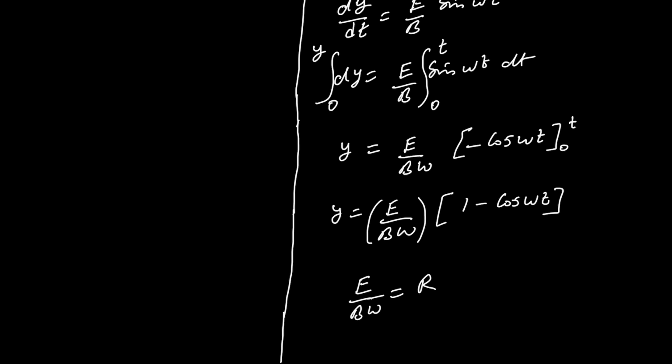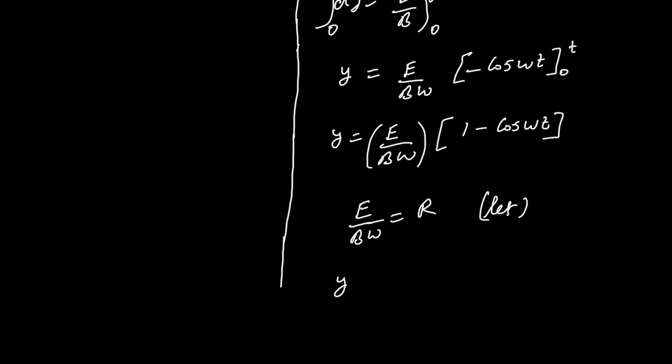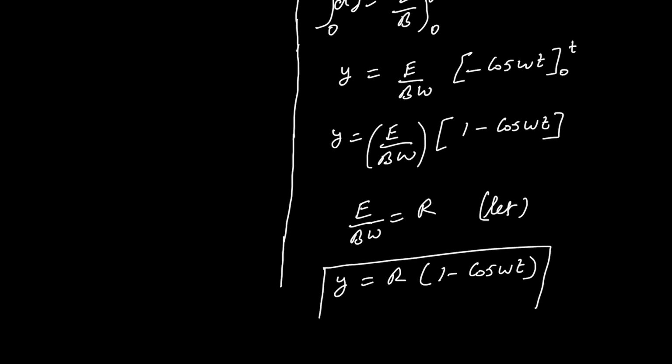Let's say r is some quantity which is dimensionally equal to distance. So if we have assumed this, I can write y is equal to r into 1 minus cos omega t. This is y.